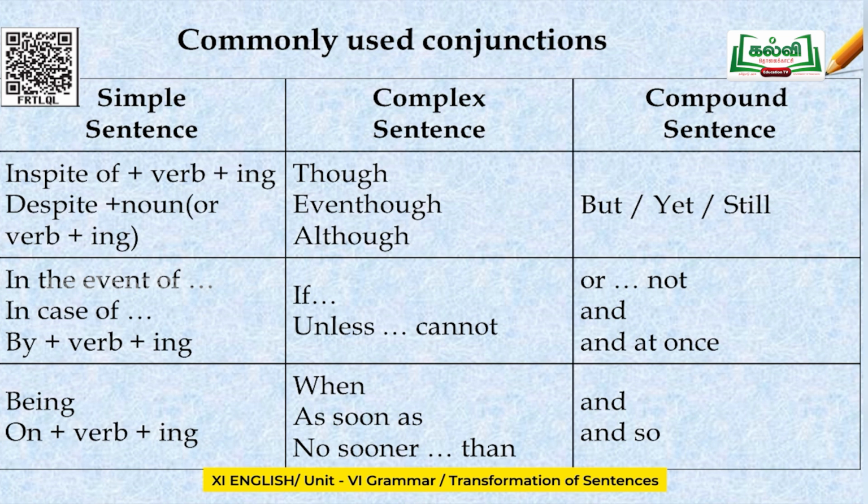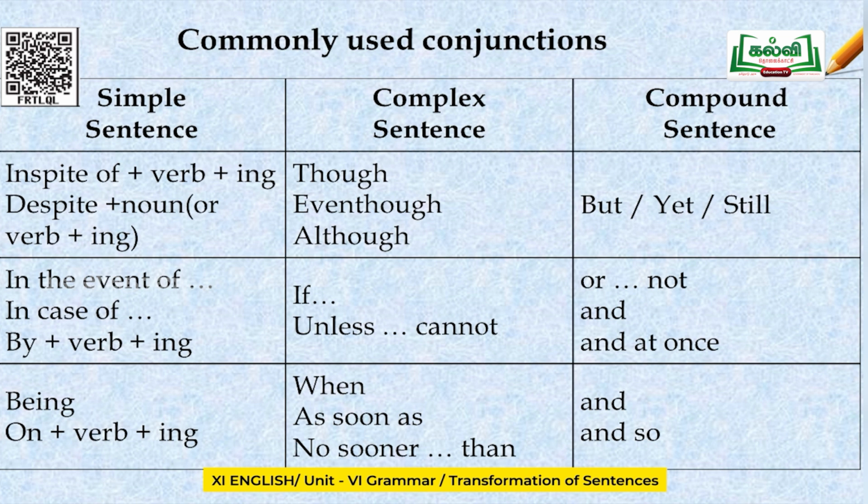You have to remember this as a set, children, so that when you are asked to transform a sentence into another, by just identifying the clause and the conjunction, you can recall the other related conjunction that is to be used in the other type of sentences.